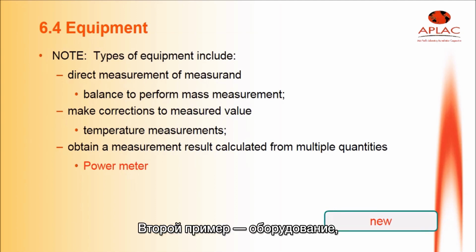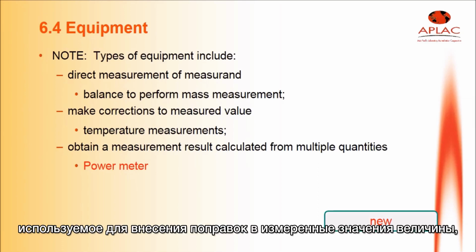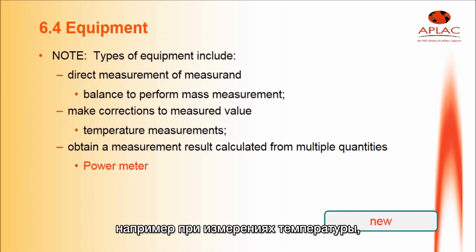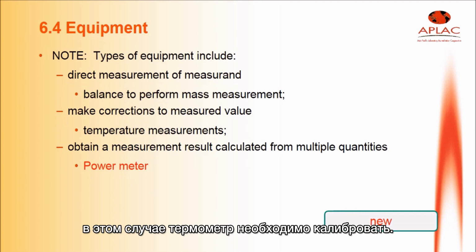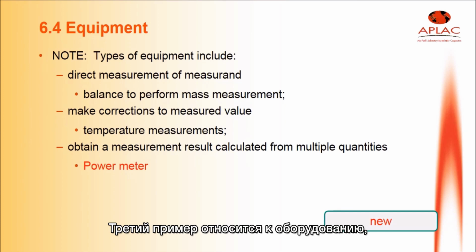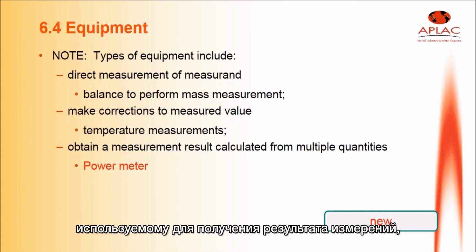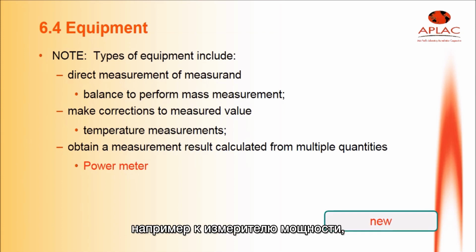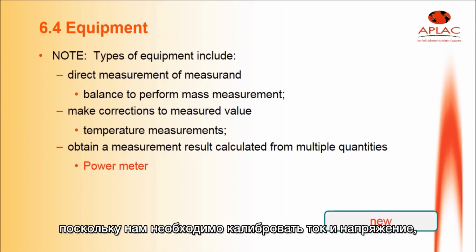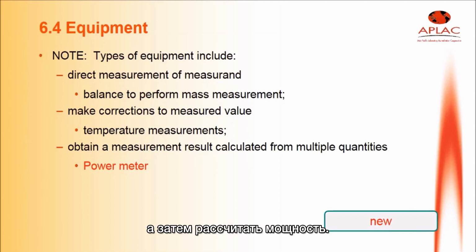The second is equipment used to make corrections to the measured value, for example, in temperature measurement, where the thermometer needs to be calibrated. The third is equipment used to obtain a measurement result calculated from multiple quantities, for example a power meter, because we have to calibrate current and voltage, then calculate the power.